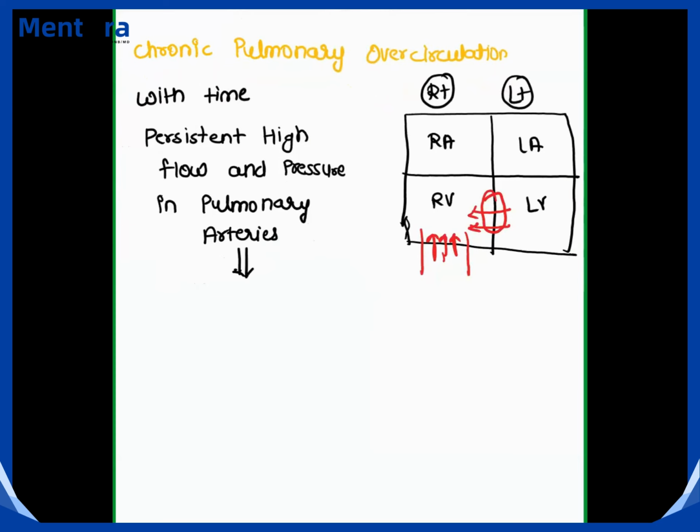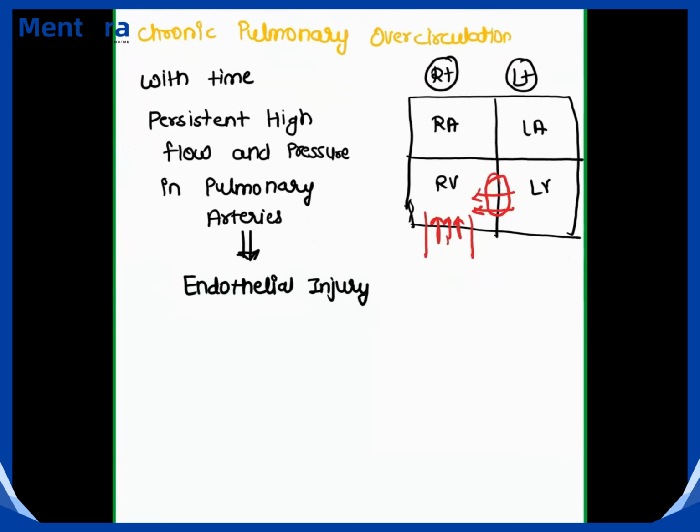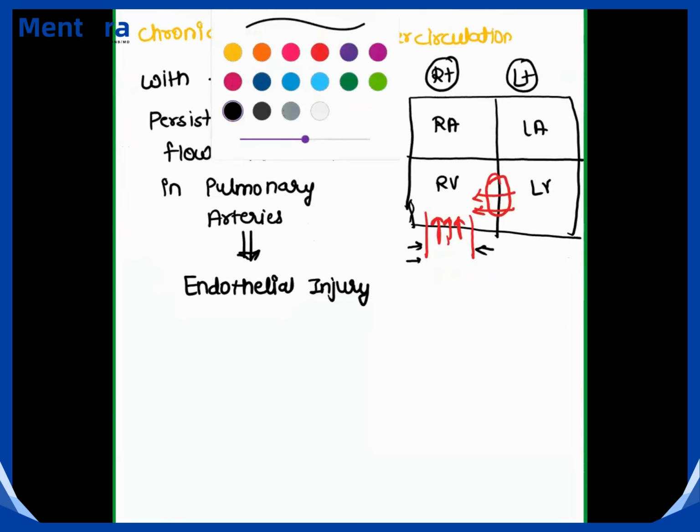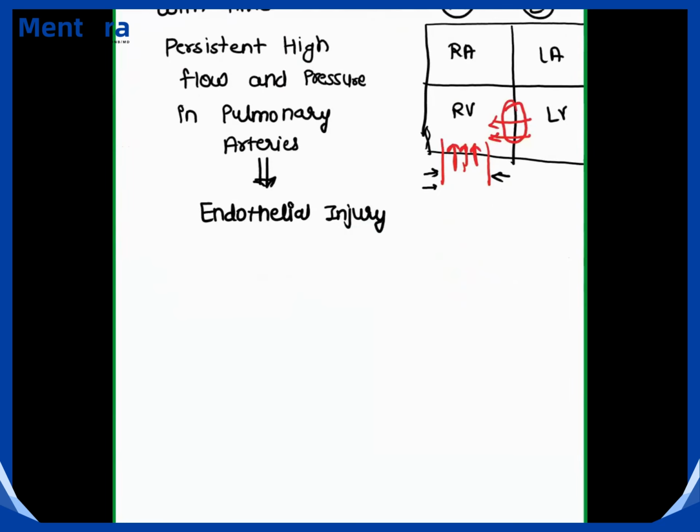And this continuous pressure leads to endothelial injury. So there is damage to that endothelium. And this starts pulmonary vascular remodeling.